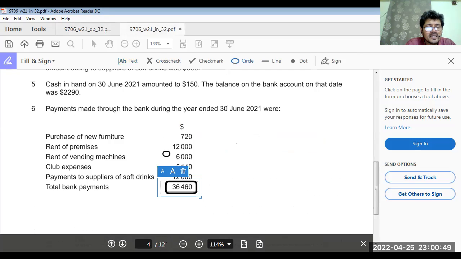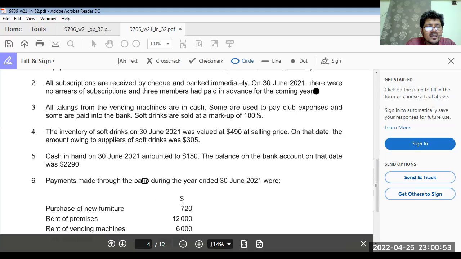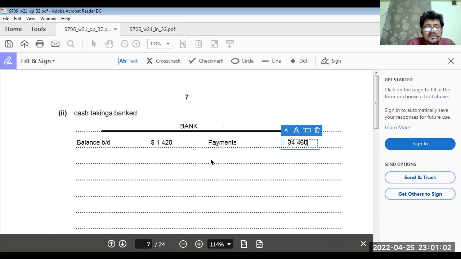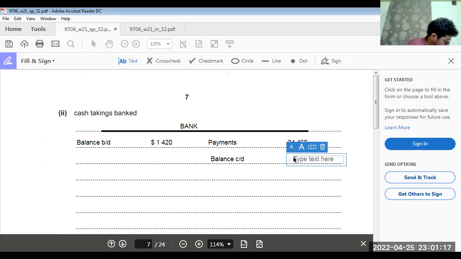Okay. This is the closing balance of bank, 2,290. Balance c/d. How much? It was 2,290.